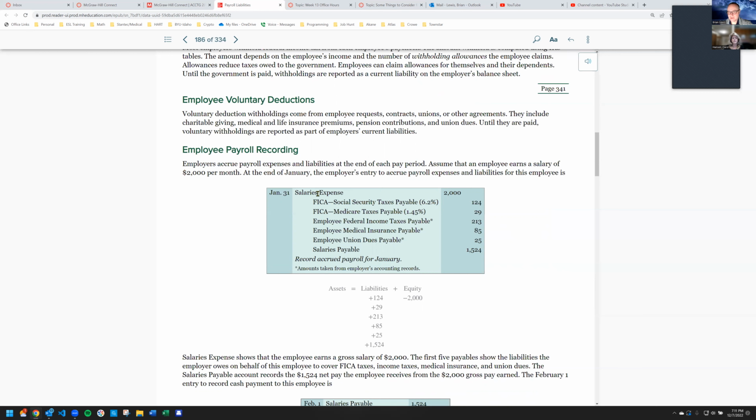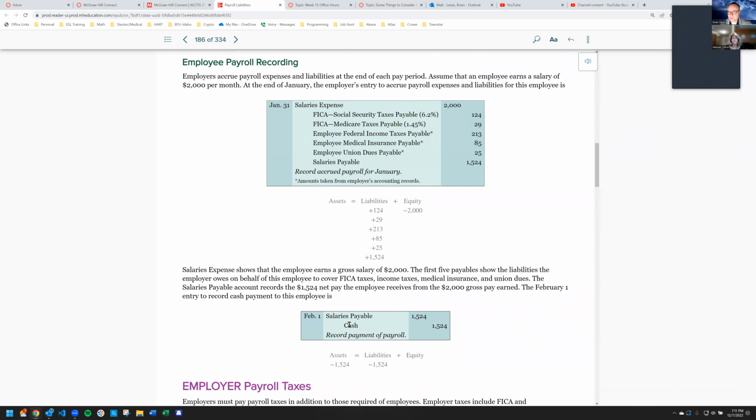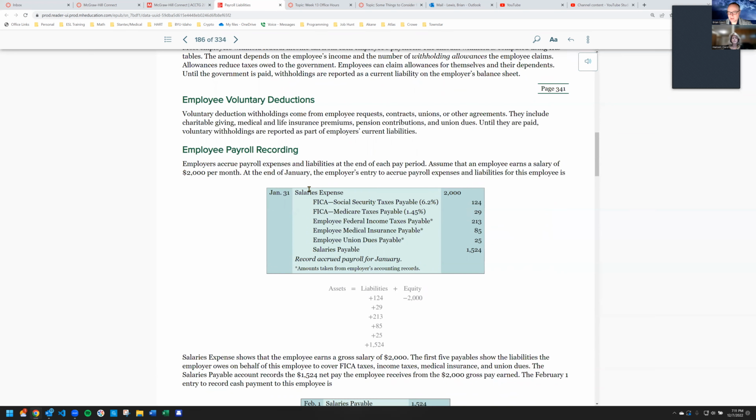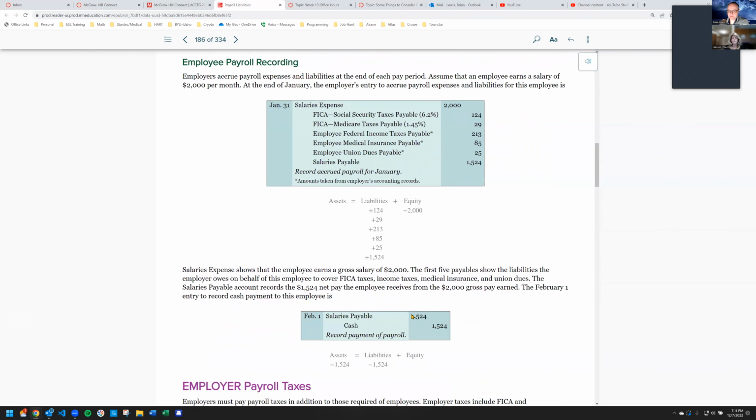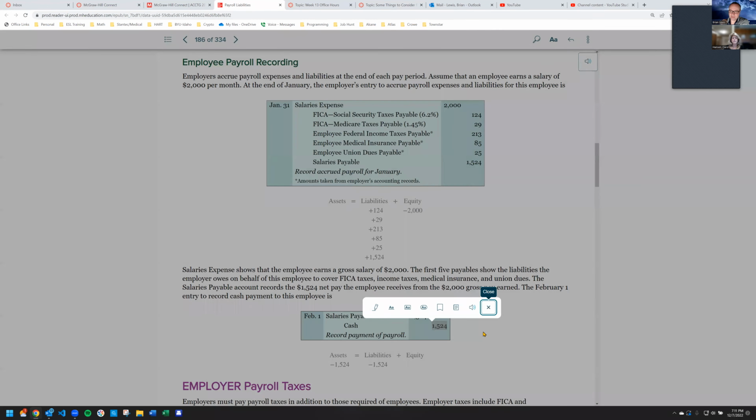So they're setting up the liability here, and then they pay it out later. There we go, there's the payout. So they're setting up your income statement account, salaries expense for 2000, minus all the deductions equals the net pay. This gets set up as a payable. And then when it actually gets paid, you relieve the payable and get paid out of cash.